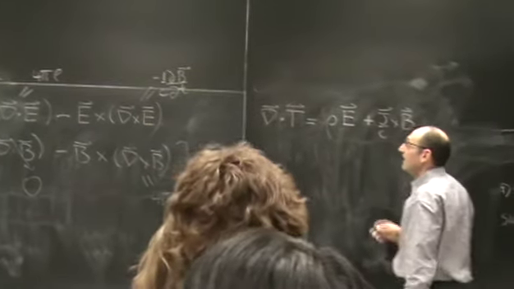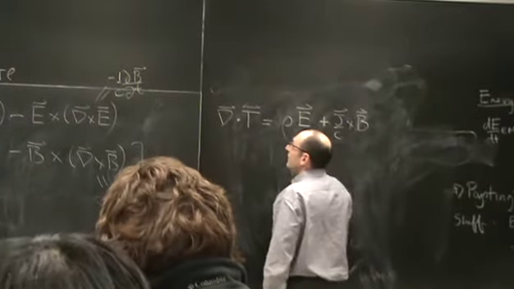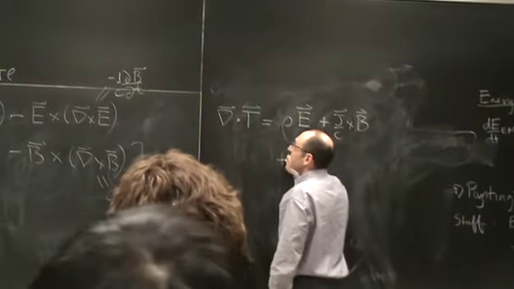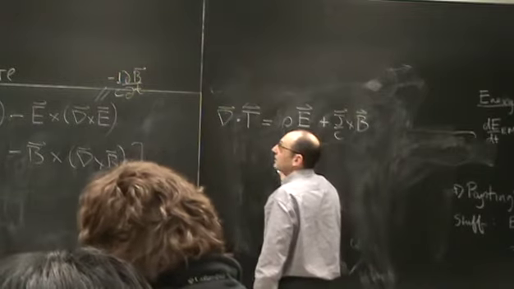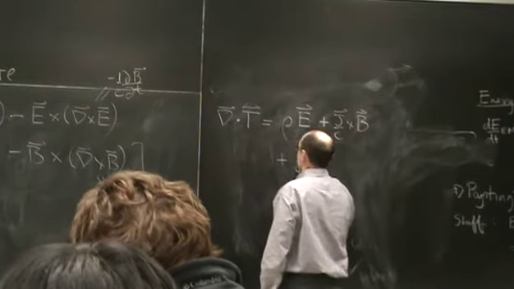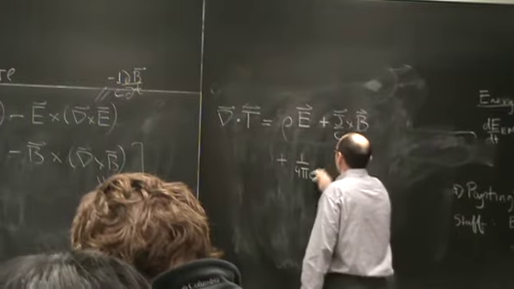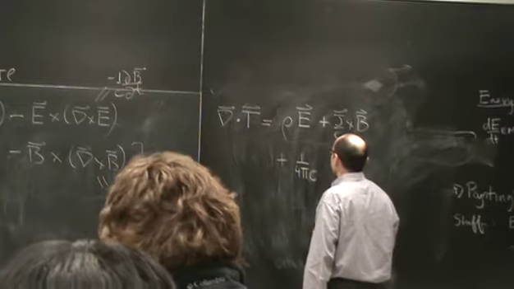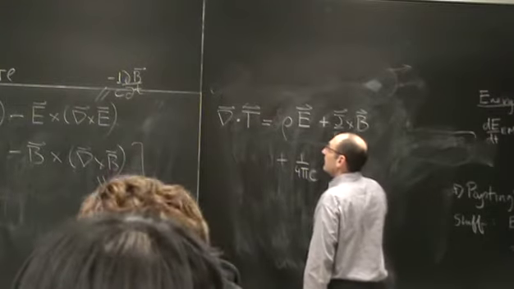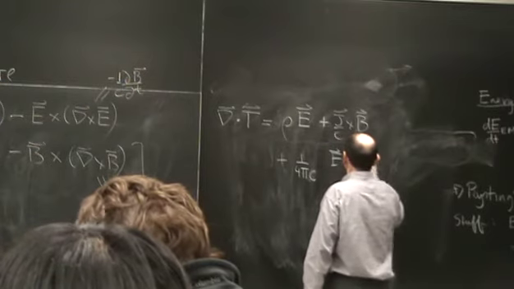Then we've got other terms here. We have plus 1 over 4 pi c. That's not an epsilon, it's a c. E crossed into dv dt.